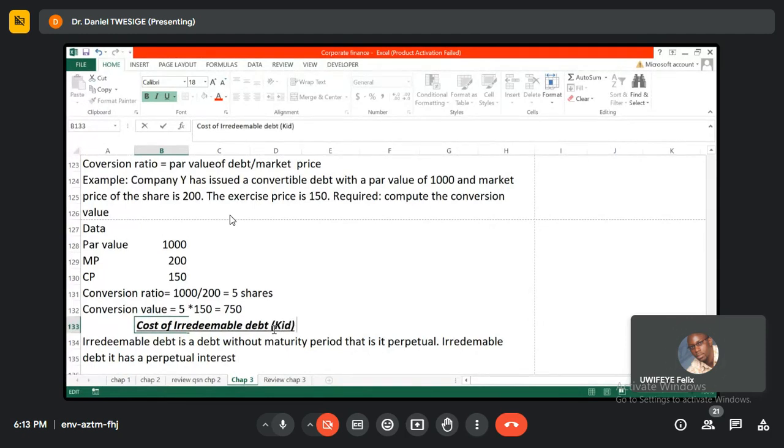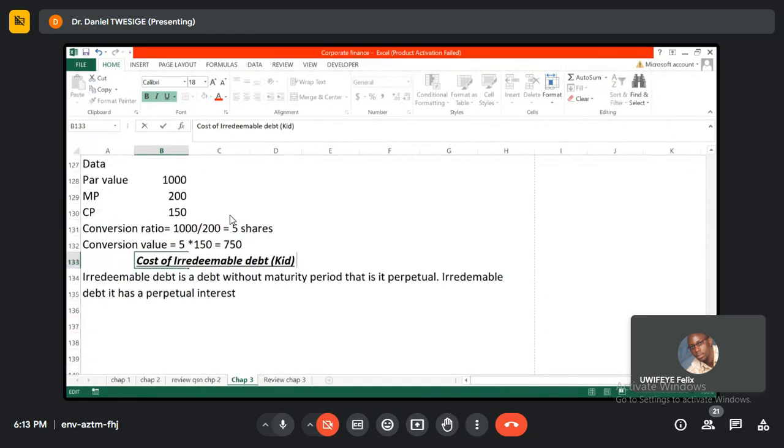When we are computing this cost, as long as the debt has no maturity period, we classify it as irredeemable. So the cost of irredeemable debt is equal to the interest times 1 minus t, divided by the price of the debt at that period.